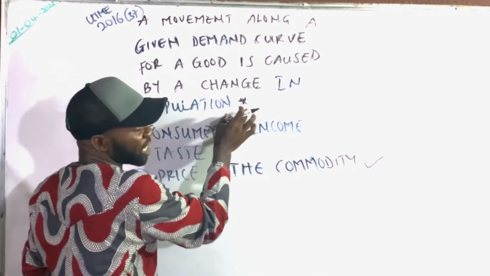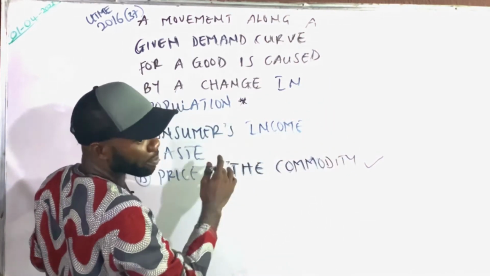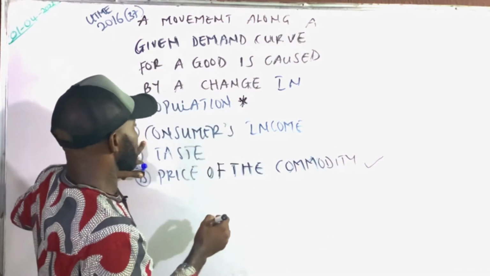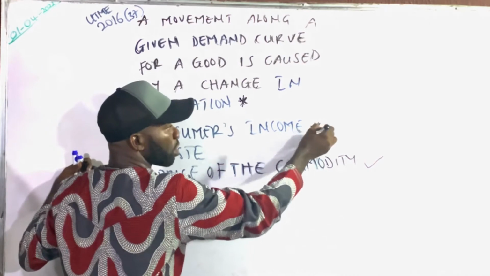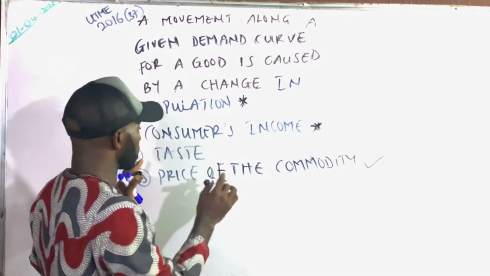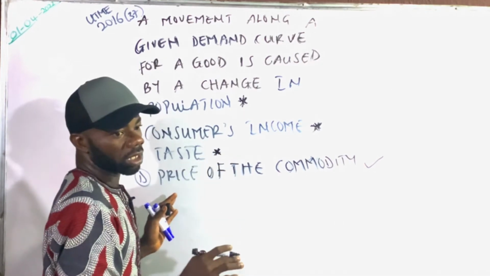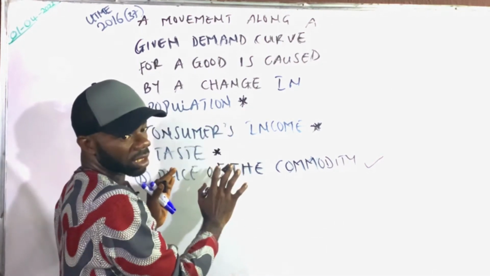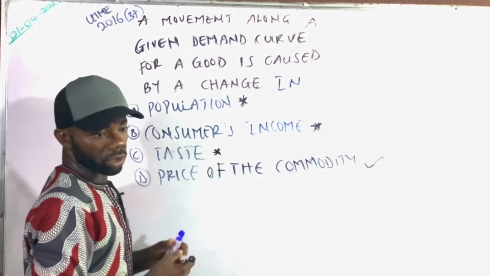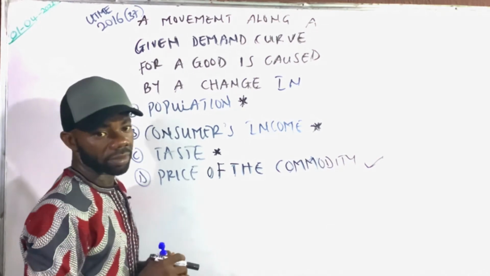So this is a factor that has to do with other factors apart from price of the commodity, so it cannot come in. Consumer's income is the second factor, or the third factor I gave you, so it's not going to come in. Taste is like the fourth one, it's not going to come in. Once you're able to eliminate three, you have just one to go. So this becomes the correct answer. And that's clear.